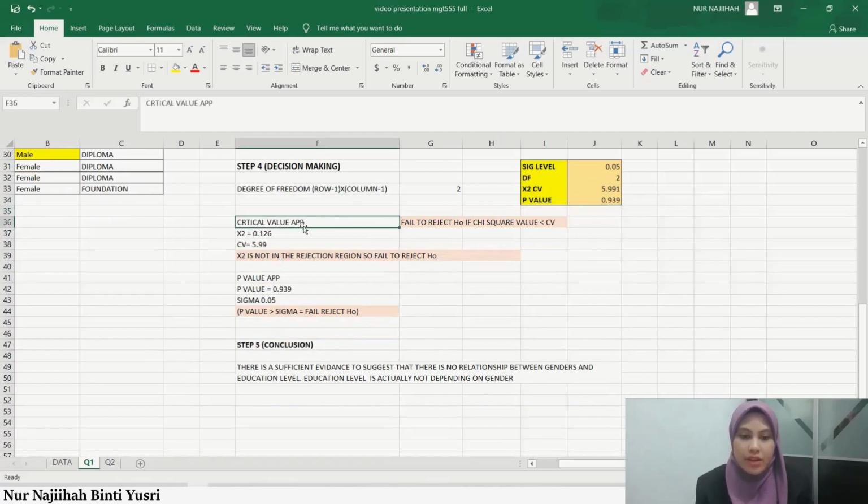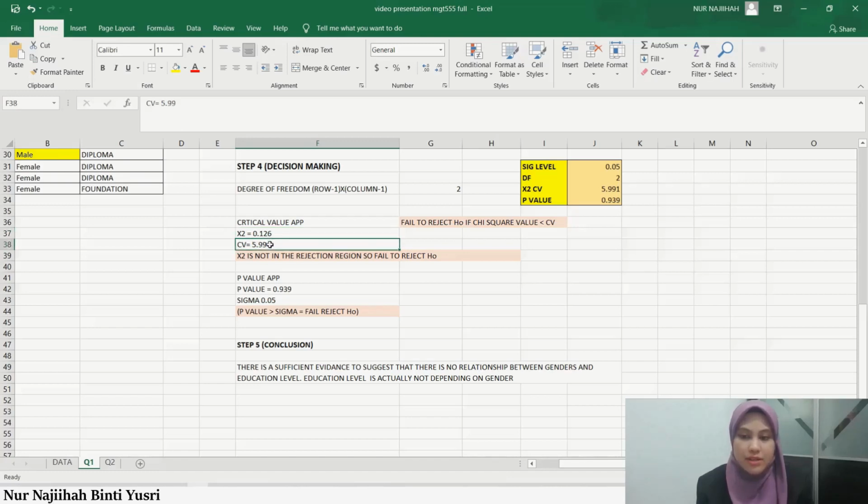For critical value approach, the chi-square amount is 0.126 from grand total chi-square value.